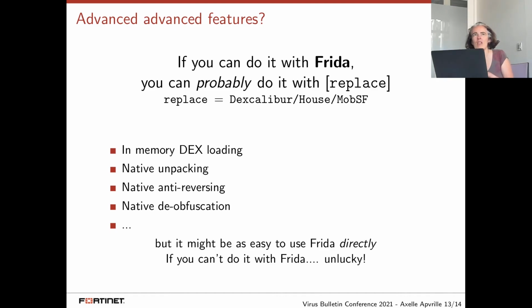Anyway, even if you can do it with a Frida hook, if it's really an advanced feature like native unpacking, native anti-reversing, probably you'll just be better off directly using Frida with your own hook, your own server, your own client, and see what happens, okay? The tools aren't really going to help you out there in those cases, but these are really advanced cases that we fortunately don't encounter that much in malware yet.